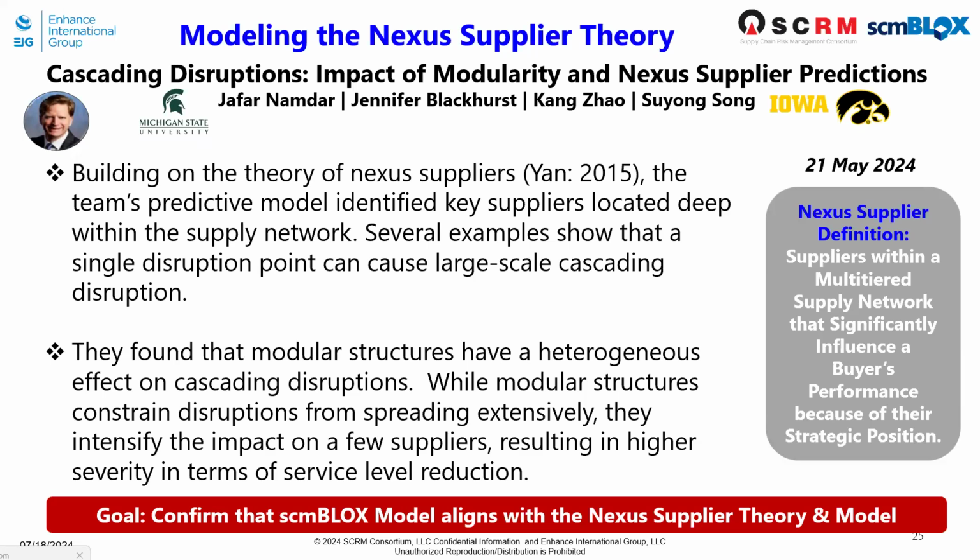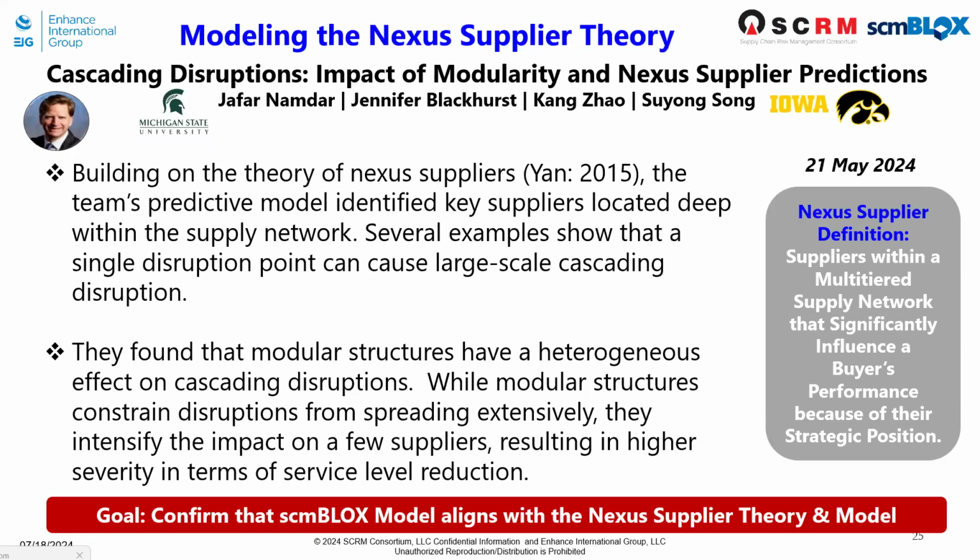So on the right-hand side you see the definition: a nexus supplier is a supplier within a multi-tiered supplier network that significantly influences a buyer's performance because of their strategic position.